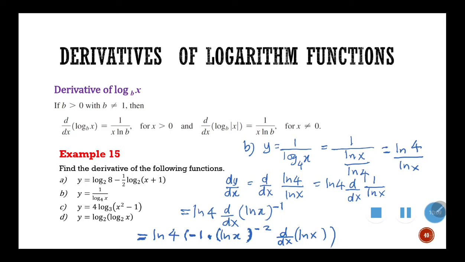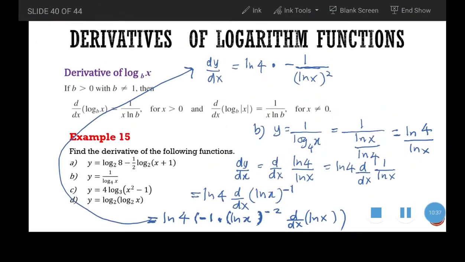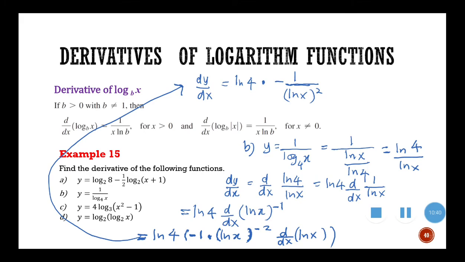From here, I want to rearrange the answer a bit. So dy over dx is equal to ln 4 times negative 1 over ln x to the power of 2, because this is ln x to the power of negative 2 here. And d dx of ln x is 1 over x.